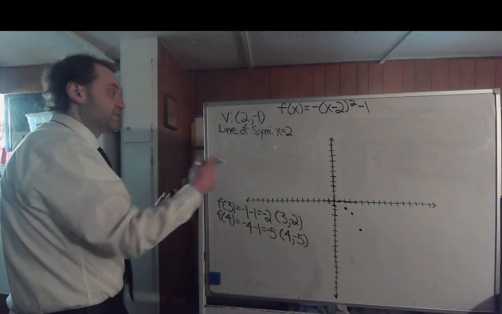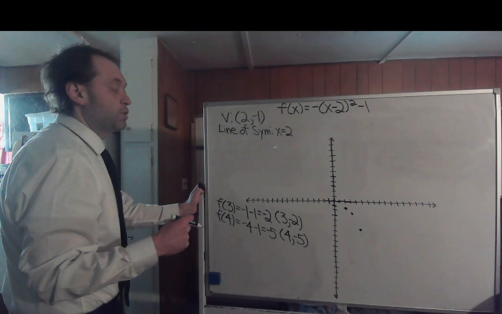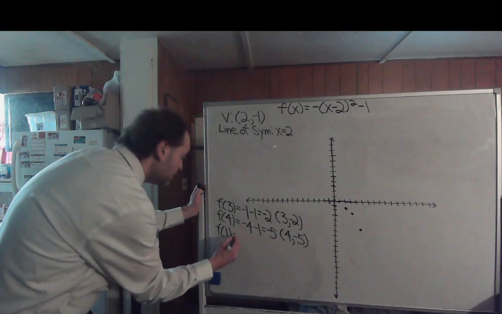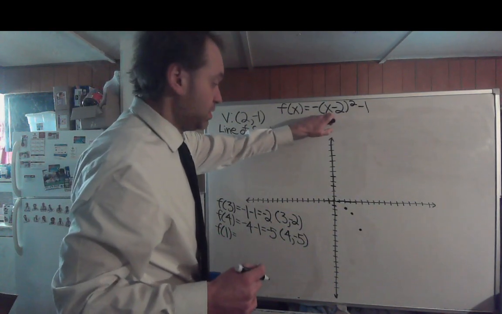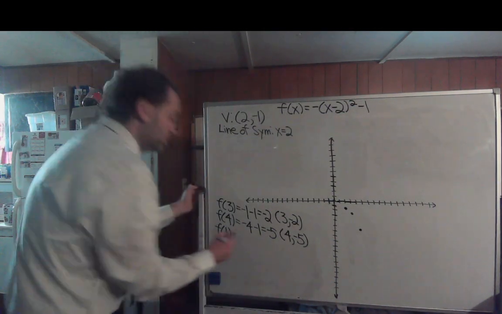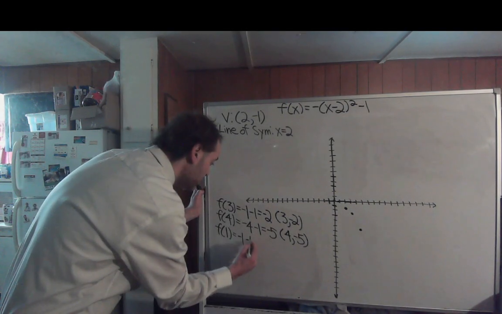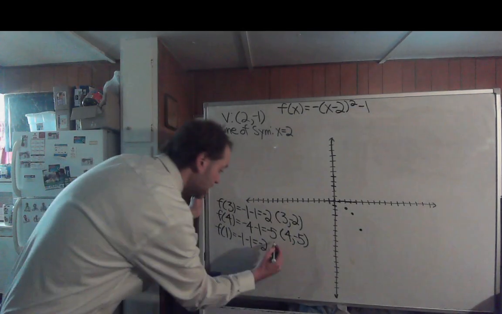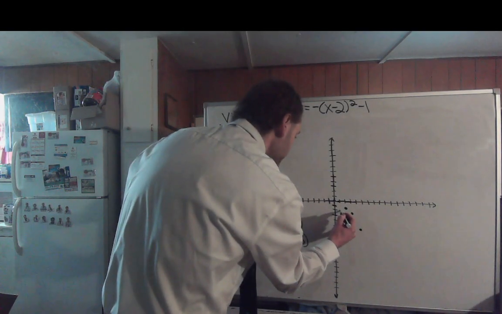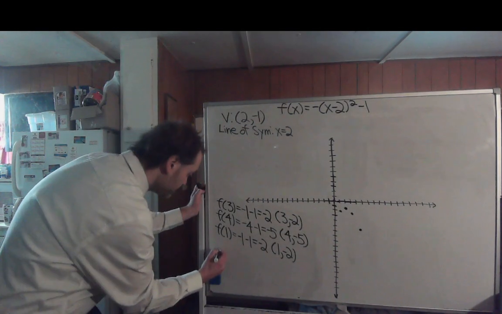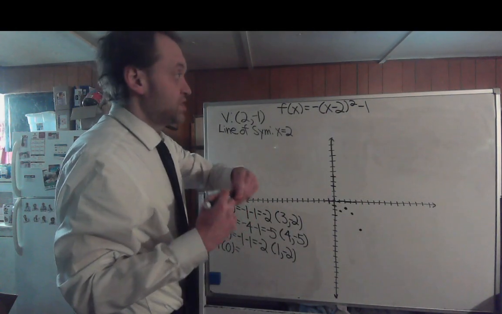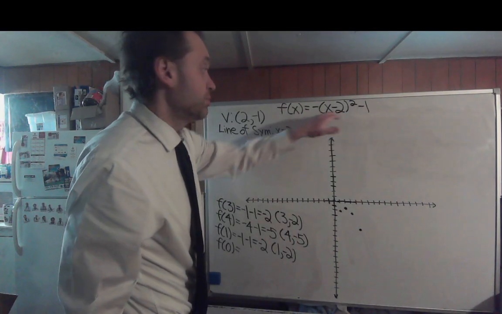Now let's go to the left of the vertex, the left of the line of symmetry. So let's put in f of 1. 1 minus 2 is negative 1, raised to the second power is positive 1, but then I got to negate that positive 1. That'll give me negative 1 minus that 1, which would give me negative 2. So I'll end up getting the point (1, -2), which would be right here. And then, of course, let's put in f of 0. Well, 0 minus 2 is negative 2 raised to the second power is positive 4, but I got to negate that 4.